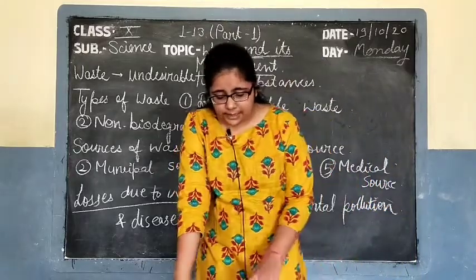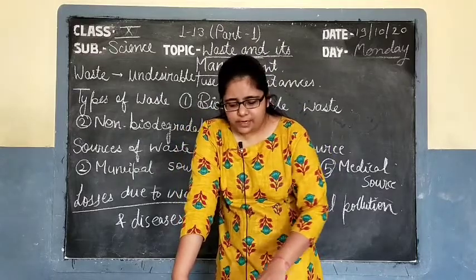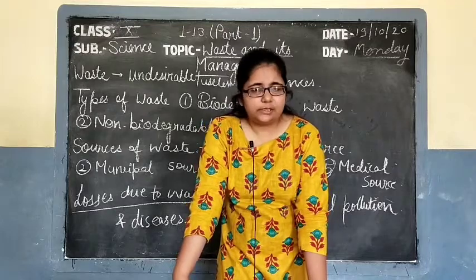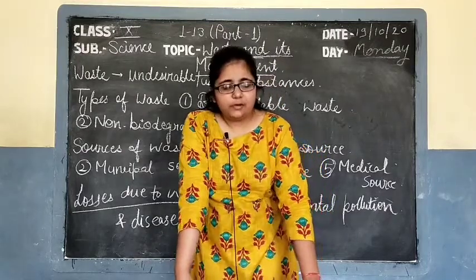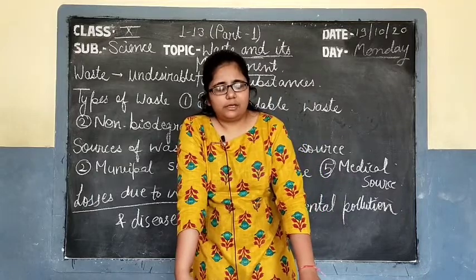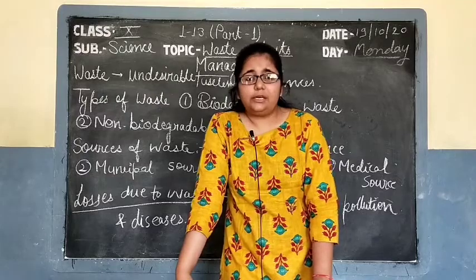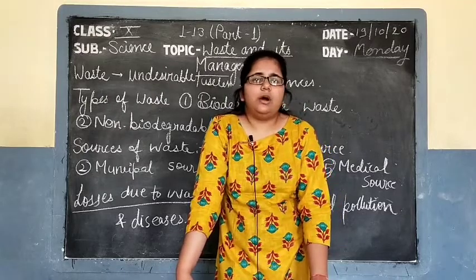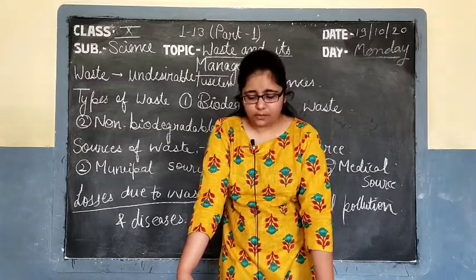So the first kind, that is biodegradable waste, includes organic waste, paper, vegetable and fruit peels, and in the medical field, cotton, bran, blood and flesh pieces. These kinds of things, like agricultural waste, are biodegradable waste which, sometime or other after a particular time, will be decomposed, but it will take some time. But our garbage production is at a very high speed.